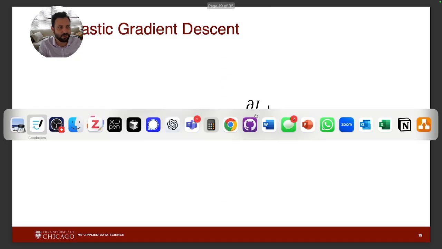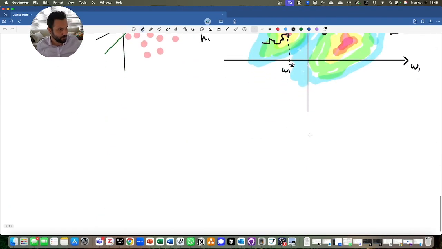What we're going to do right now is to calculate the stochastic gradient descent in the setup that we are given.